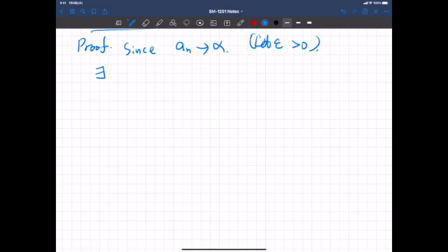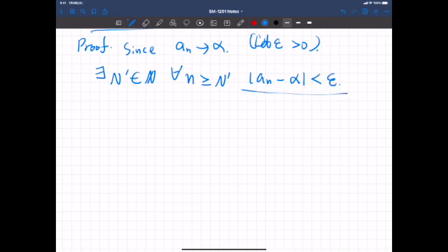Since a_n converges to alpha, there exists some natural number, let's say N prime, such that, well, we just abbreviate the notation, for any natural number n greater than or equal to N prime, we have the modulus of a_n minus alpha less than epsilon.